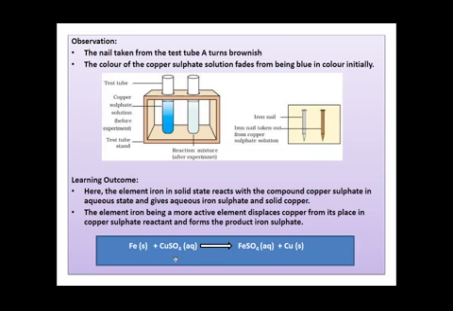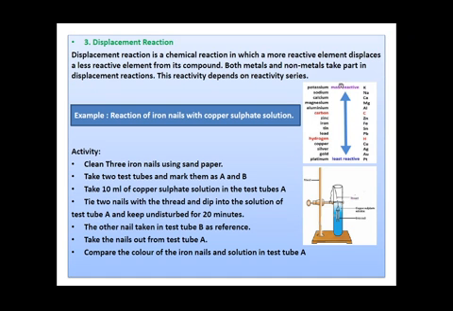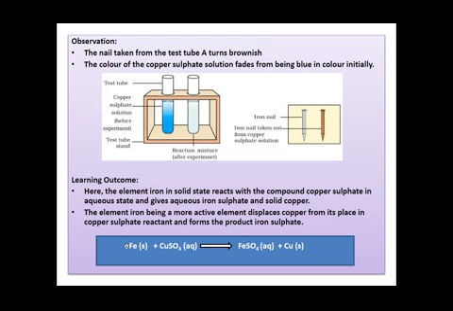Displacement is happening over here, where iron, which is more reactive than copper, you can see here in the reactivity series, iron is placed above the copper. So iron is more reactive than copper. So because this is strong, it is more reactive, it displaces copper from the copper sulfate solution and forms ferrous sulfate, and copper is formed.